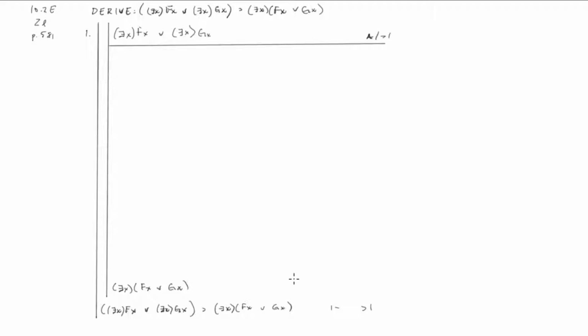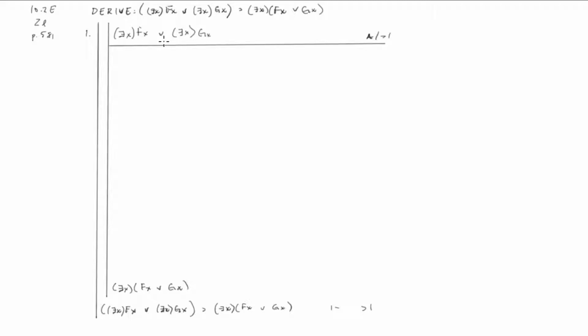Okay, so we're going to now look at our new target sentence, the consequent of the conditional we're after, and think about how we might get this. And I'm going to, again, speed things along a little bit. If we look at the sentence we have to work with, it's a disjunction. This is really, really important. Line 1 is not an existential generalization. It has an existential quantifier on the left, but the main logical operator here is that wedge.